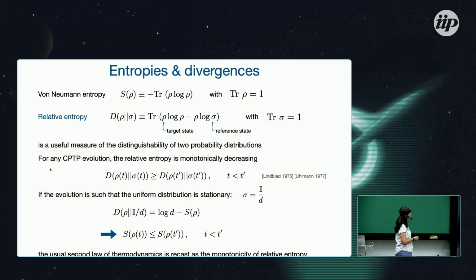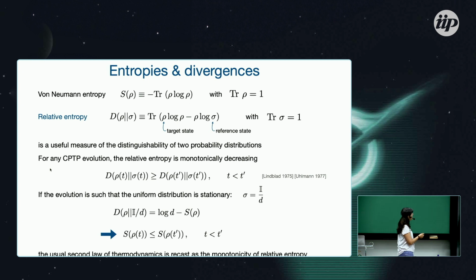Then the relative entropy with this reference state reduces to the von Neumann entropy up to a constant factor, which measures the effective dimensionality of the Hilbert space. And if moreover the maximally mixed state is stationary, so this is preserved under CPTP evolution, then also the von Neumann entropy is monotonic. So let me remind you, just repeat it.